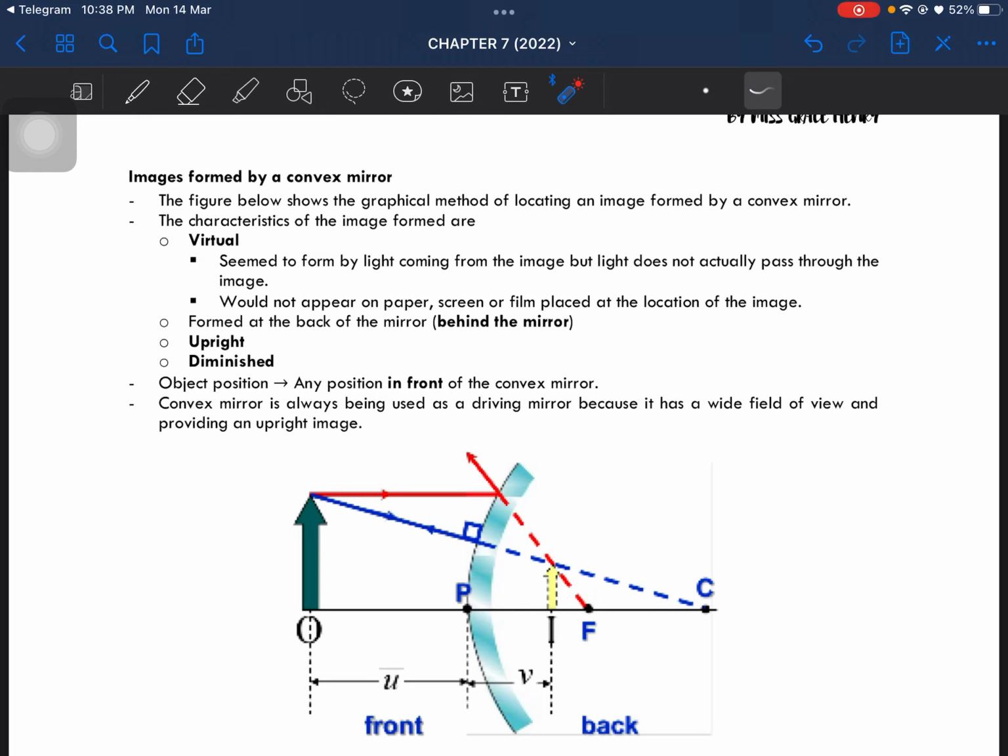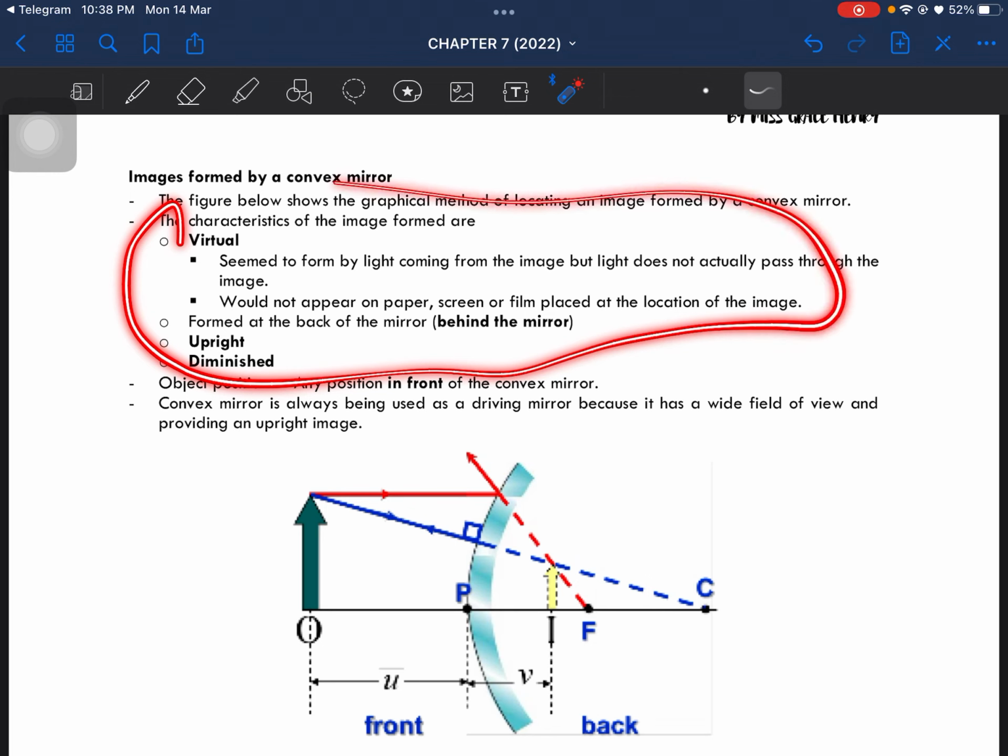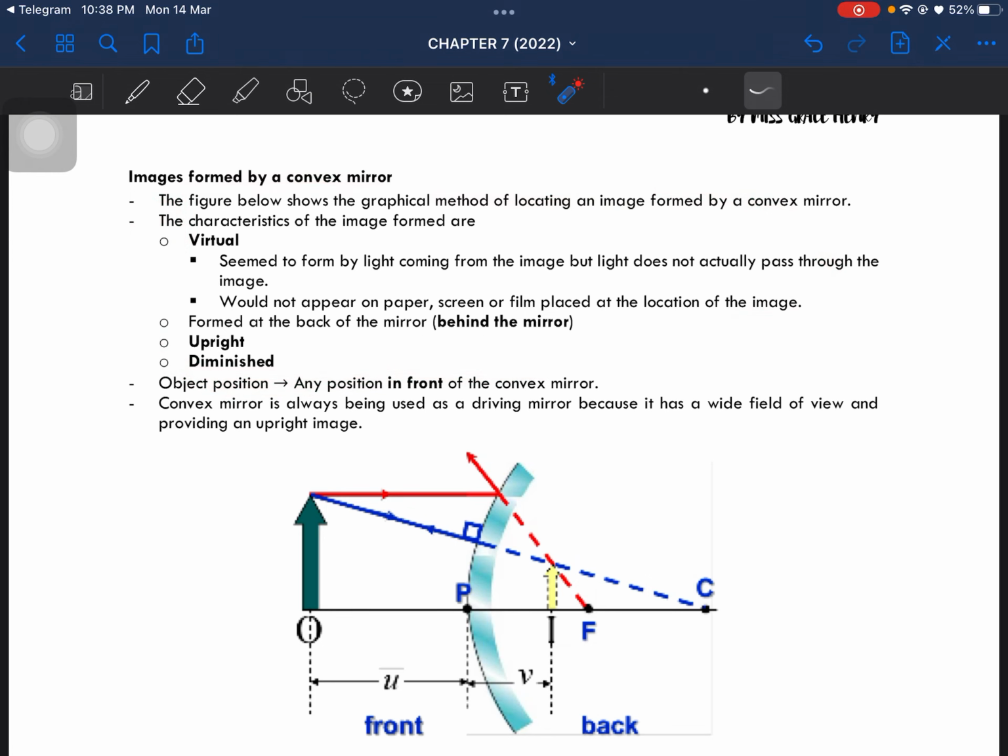For a convex mirror, the image is virtual, so it is seen to be formed by light coming from the image, but the light does not actually pass through the image. So it wouldn't appear on paper, screen or film placed at the location of the image. It is upright and diminished and it is formed behind the mirror.